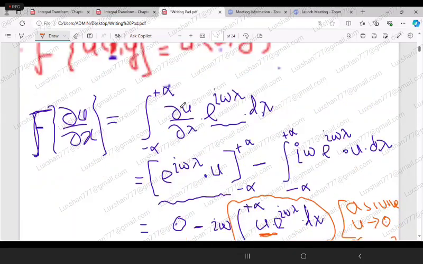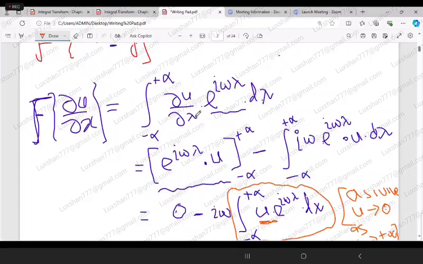Then I am integrating this with respect to lambda. I am taking this as my first function and this as my second function. So first function into integration of the second function, that becomes u, with range minus infinity to plus infinity, and the differentiation of this function, iω e to the power iωλ, into again the integration of this function.